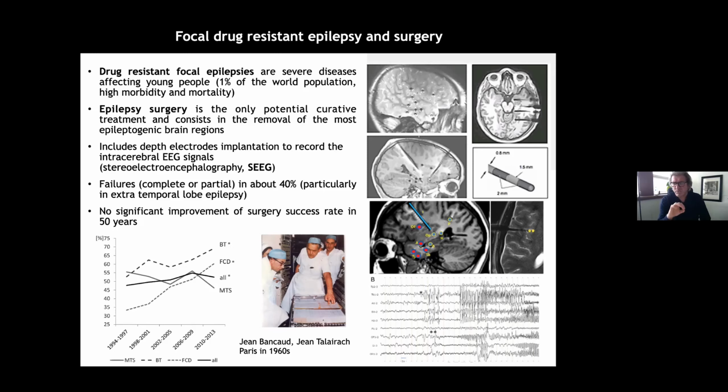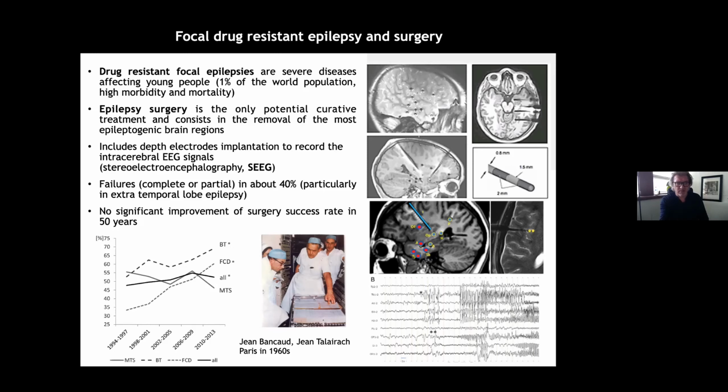The idea is to estimate the epileptogenic zone, so the network which is capable of generating self-sustained oscillations, and then propagate through the network, essentially incapacitating the patient because of this seizure propagation. This is the best technique we have at the moment to estimate the EZ, the epileptogenic zone.